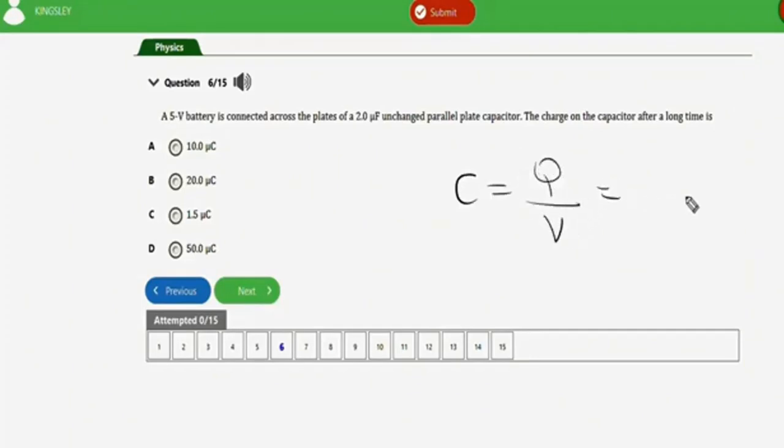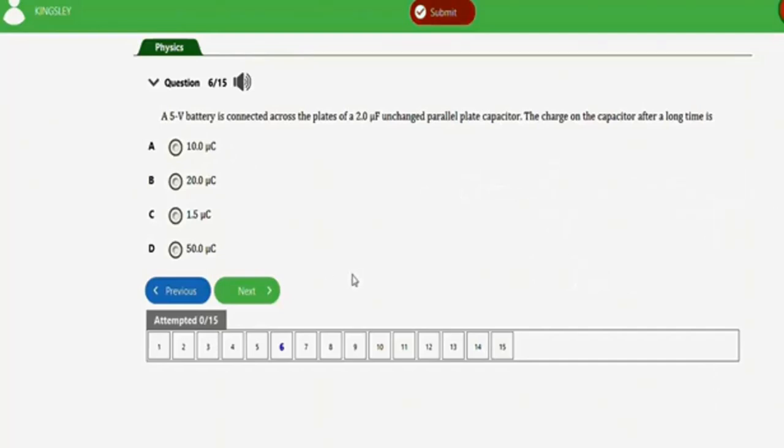So we have the capacitor to be 2 microfarad, that's 2 equals, we are looking for the charge, let's call it X, over the voltage is 5. It's as simple as this. When you cross multiply, you're going to have 2 times 5, that's 10 microcharge. That's option A. Alright, so let's wipe this now and solve the next repeated question.